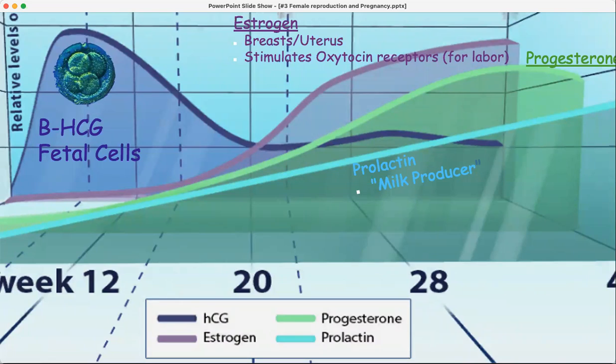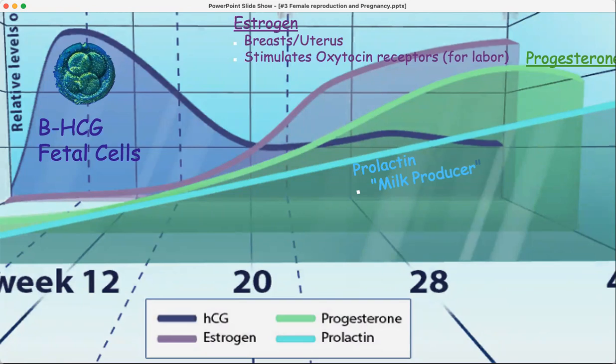This is showing the weeks as they go by during pregnancy. Early on, you're going to get beta HCG being produced by the fetal cells, and that does level off around week 20 of pregnancy. And then, of course, estrogen is stimulating the breast to develop, the uterus to prepare for delivery.